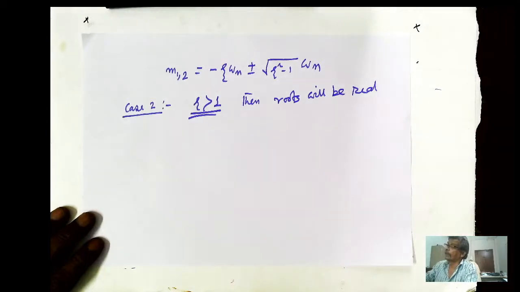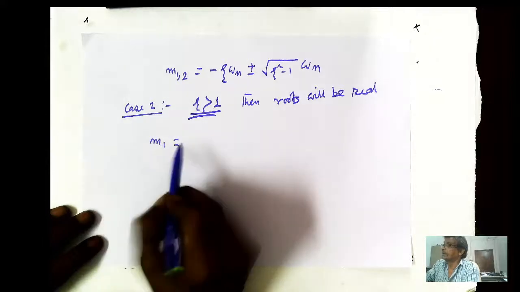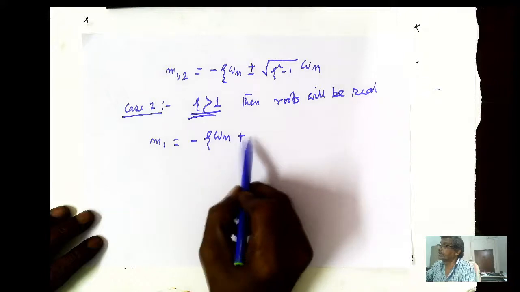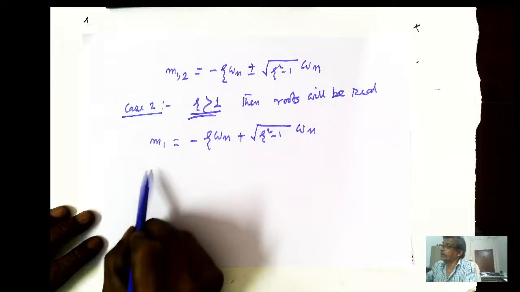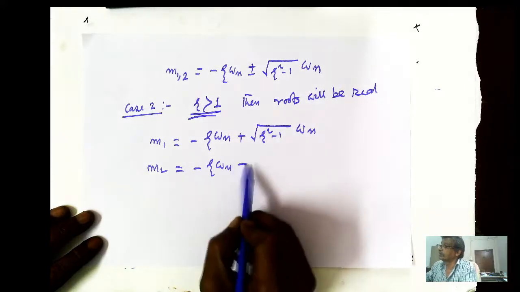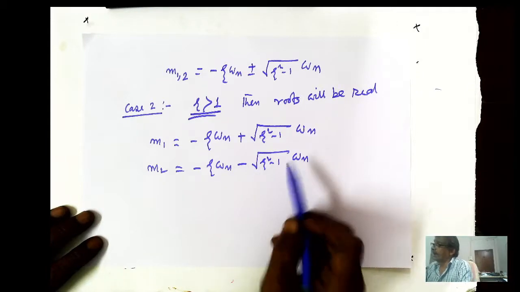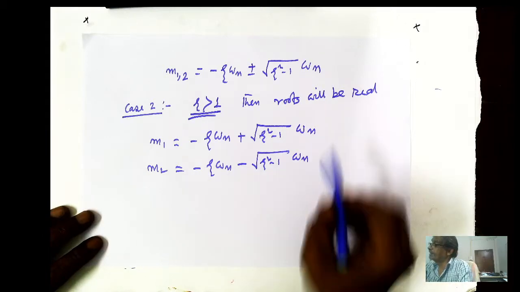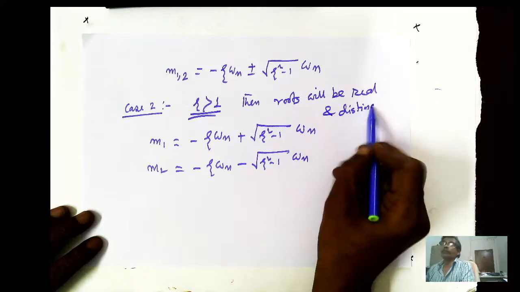Therefore m1 will be equal to minus zeta omega n plus root over zeta square minus 1 into omega n, and m2 will be equal to minus zeta omega n minus root over zeta square minus 1 into omega n. So both the roots will be real and distinct. They are different, not repeating.